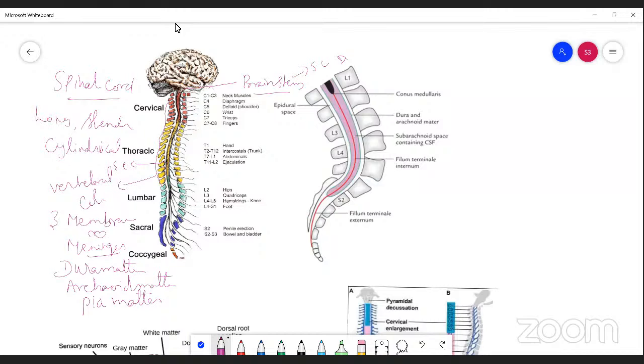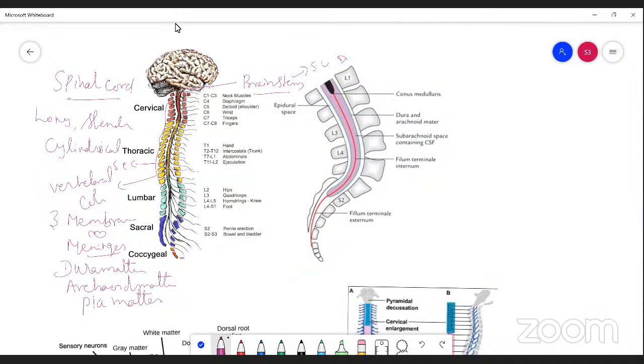That is one of the two mark questions. The brainstem consists of the midbrain, pons varolii, and medulla oblongata. Do you understand? In the last class we studied about the brainstem.